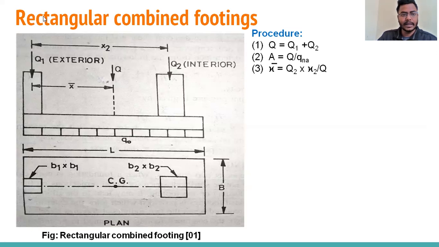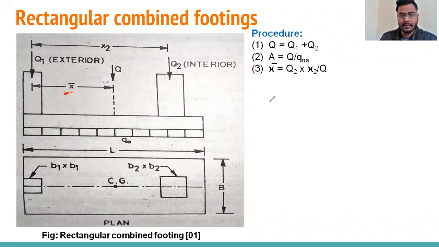Next we can calculate the distance of the resultant loads from the center of the exterior column, that is shown in the figure as X bar. How can we get it? I'm discussing it here.